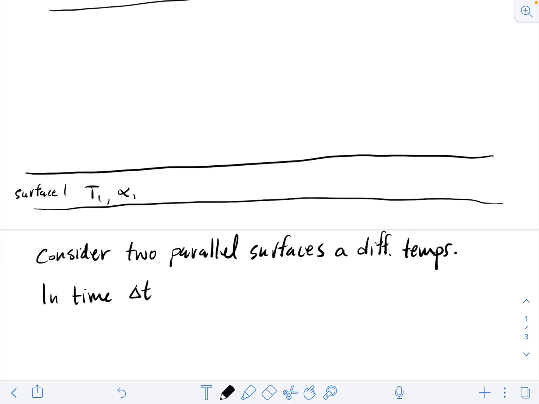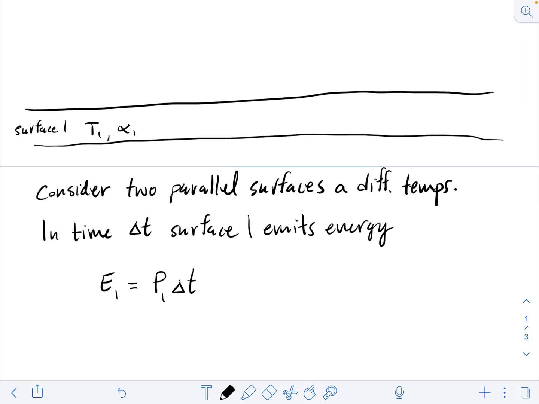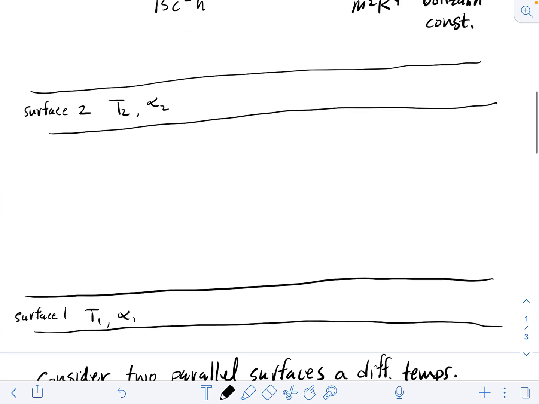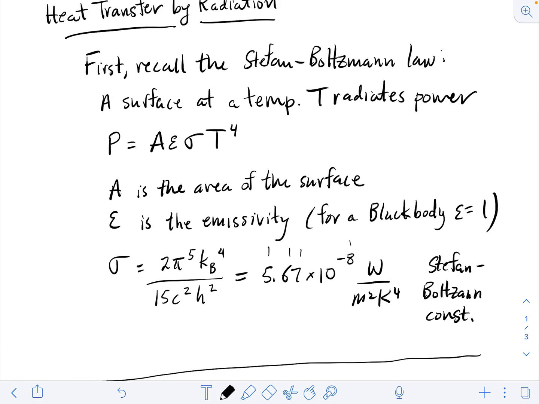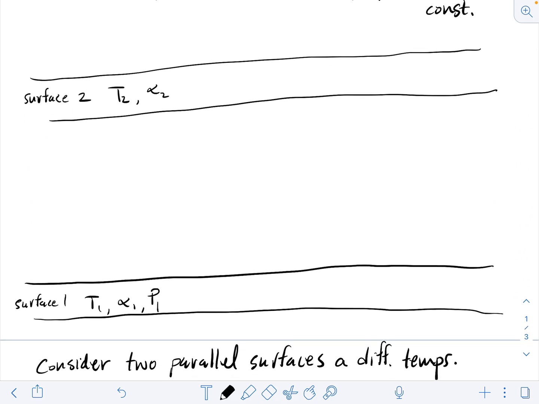And so in a time delta t, surface 1 emits energy. Power is energy per unit time, so the amount of energy that's emitted in a time delta t is given by P delta t, where this power P is obtained from the Stefan Boltzmann Law.